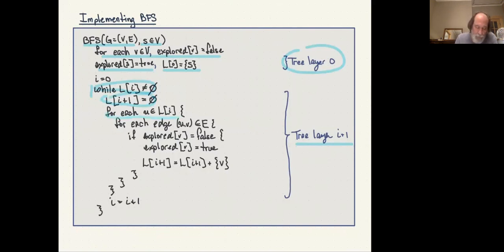Then for each vertex in layer I, we go through all its edges. So we look at all its neighbors. And for each of its neighbors that's not explored yet, those are the ones that haven't appeared in an earlier level, we mark them explored, and we add them to layer I plus 1. That's it.